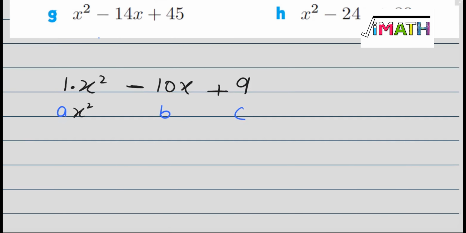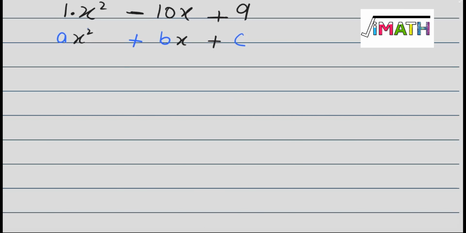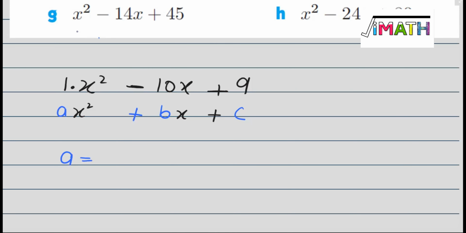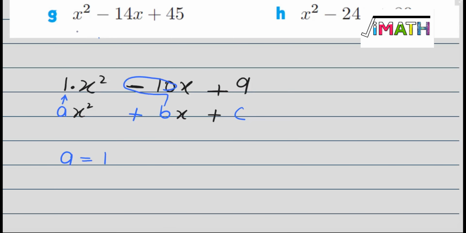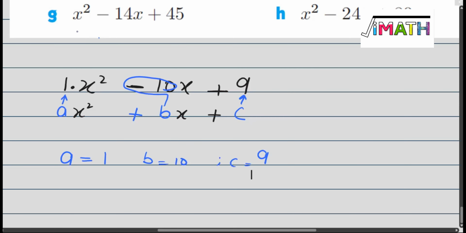So x, the variable, is always there. So can you find a, b, and c? A is 1, b is negative 10, and c is just 9. Okay.